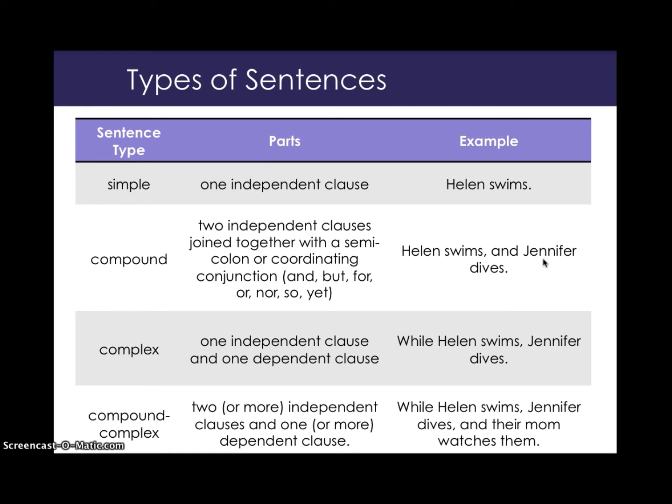While Helen swims is the dependent clause, Jennifer dives is an independent clause, and we have the last independent clause as their mom watches them. When we look at compound complex or compound sentences, we ignore that comma and the coordinating conjunction to determine if it's an independent or dependent clause.